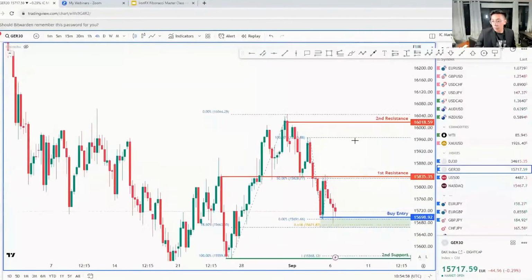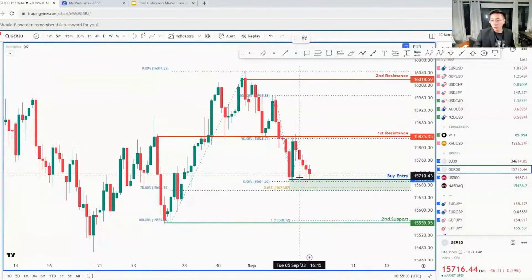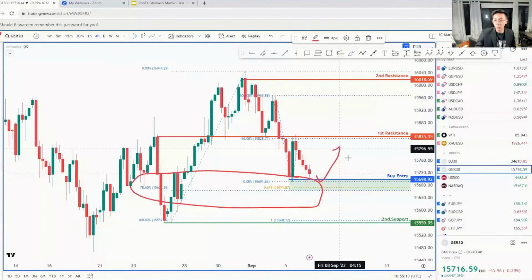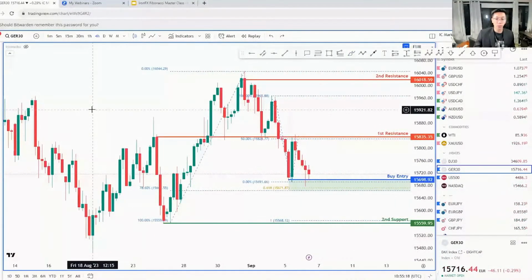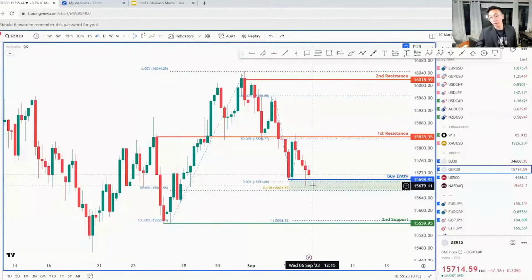So this area is what I'm looking at just as an example, because we have Fibonacci confluence here. We have our 78.6% retracement level and 61.8% projection level, and we are looking to buy this move upwards. So you don't have to be afraid, you just have to be brave, and then you can find optimal entries right here.